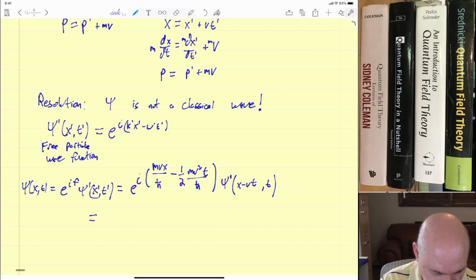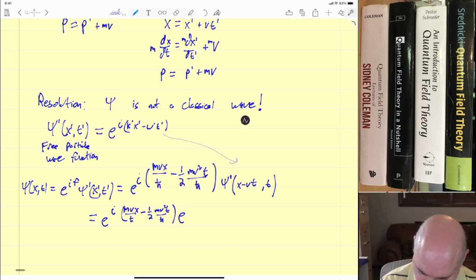So this is equal to e to the i mvx over h bar minus 1/2 mv squared t over h bar, times, now we're using our definition here, e to the i k prime times x prime, which is x minus vt, minus omega prime t, because t is equal to t prime.